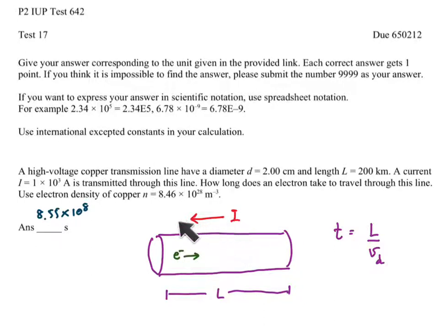If the current flows in this direction through the wire, the electron moves in the opposite direction because the electron has a negative charge.